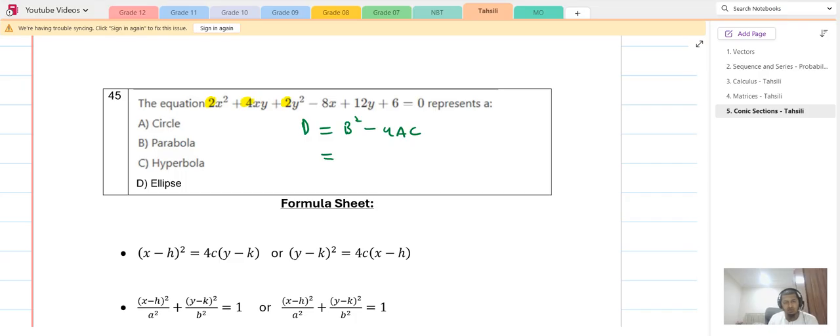B squared is 4 squared minus 4, a is 2 and c is 2. So we're getting 16 minus 16, which is equal to 0, so you say parabola.